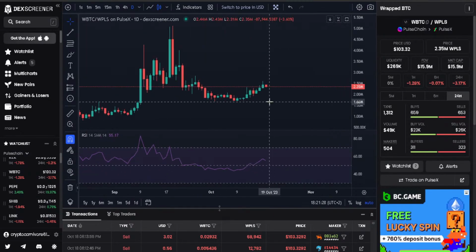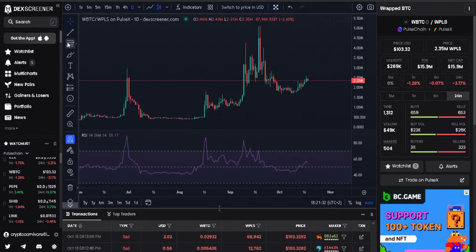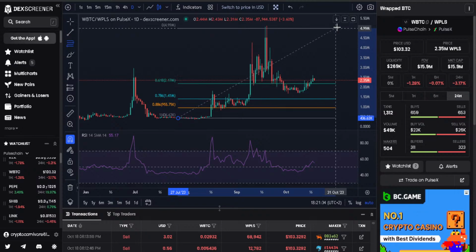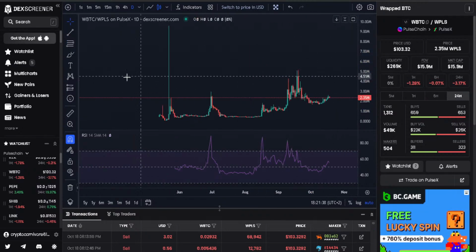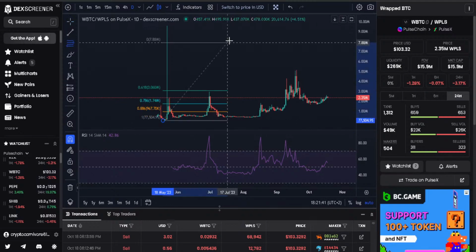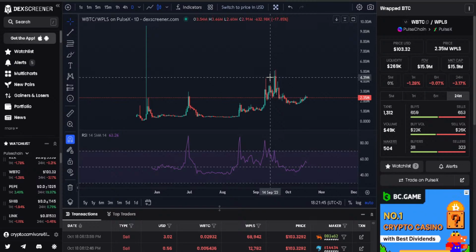Is this a valid W? Yeah, so you do have a nice little W here. You're inside the reload, slightly above it. Unfortunately, it's kind of taken off now. On the longer time frame, you're still in the reload zone. So targets.